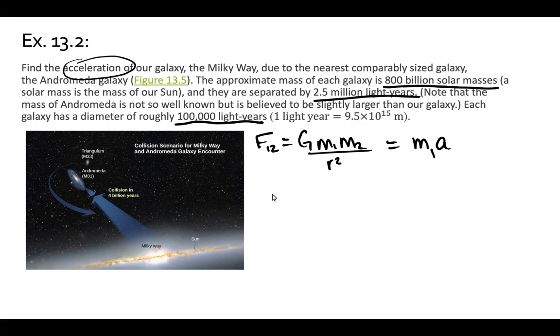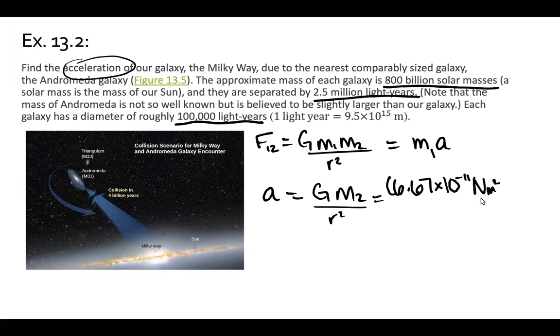So A is going to equal G M2 over R squared. And G is 6.67 times 10 to the negative 11th Newton meters squared over kilograms squared.